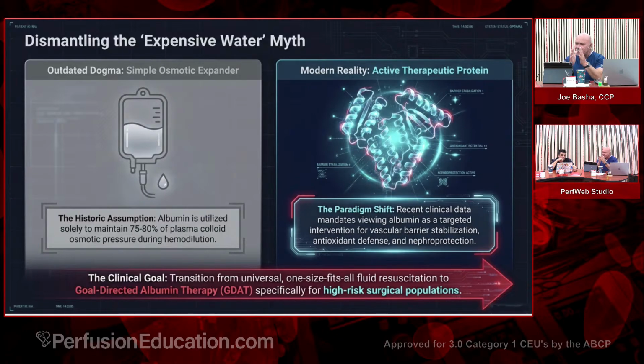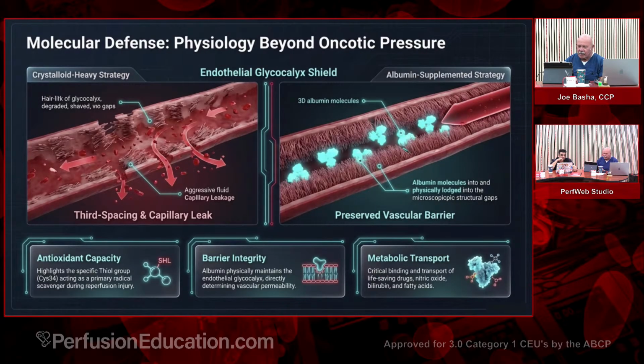But if you take a subset of patients, the impact is profound, and you'll see that as I move along here. It is extremely good at maintaining your vascular integrity.